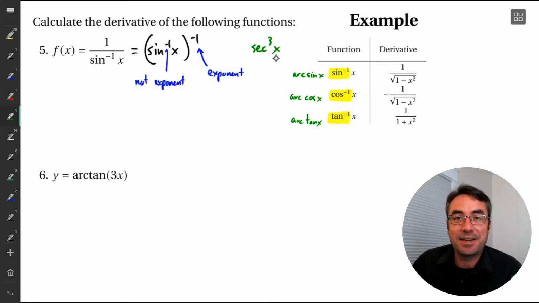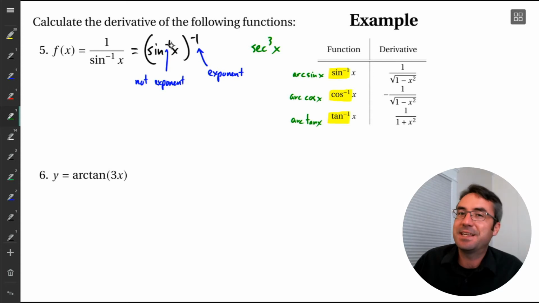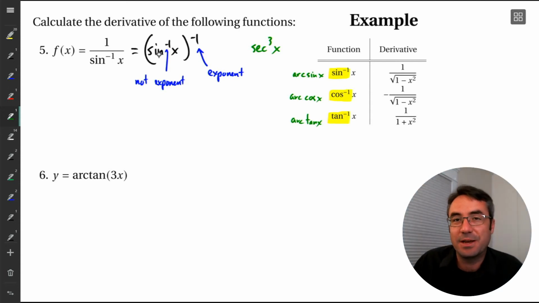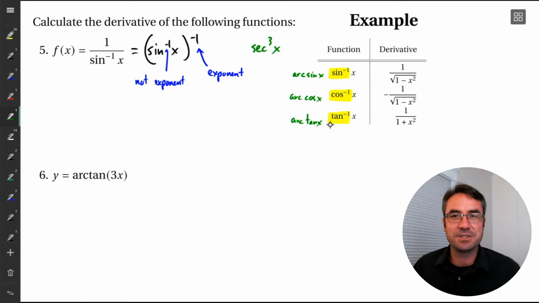It's secant of x, all cubed. So the notation can get a little tricky. If you see a number right next to the trig name, generally it is an exponent. But when it's a -1, like sine of -1, it's not an exponent. It's just telling us we have the inverse sine function. So just keep that in mind for these inverse trig functions. The notation can get a little tricky.